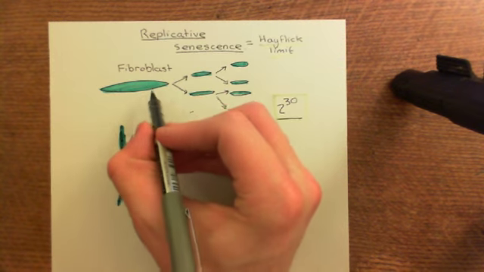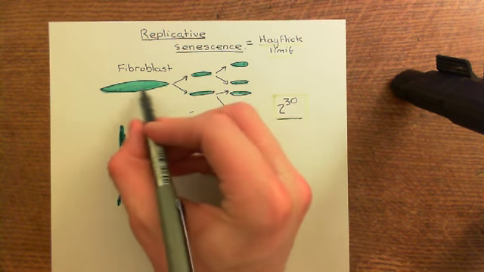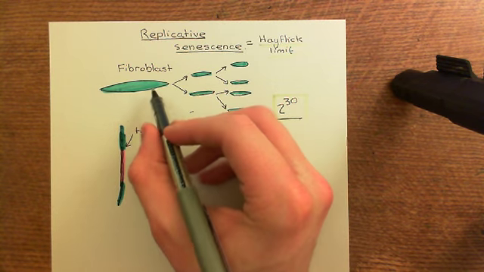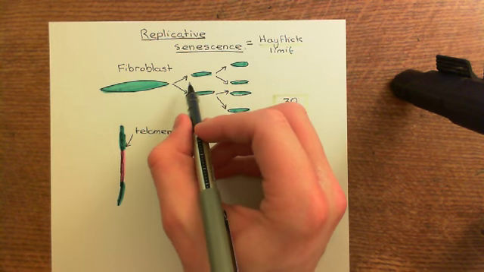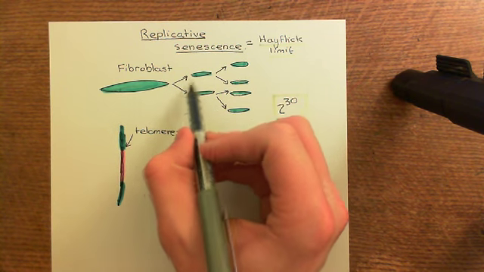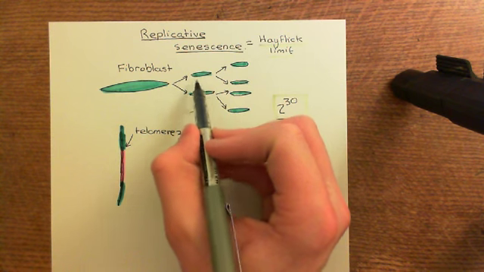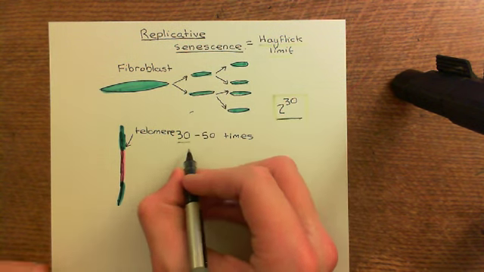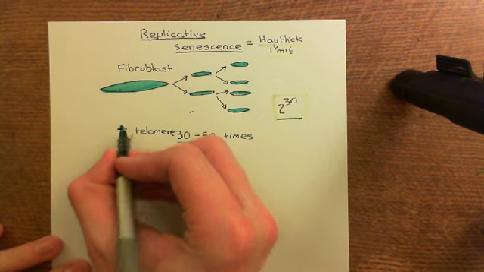So this is the case for this original fibroblast right at the beginning. Now, every time this fibroblast divides, the telomeres will get shorter. So this fibroblast is going to divide, and the 2 daughter cells will both have slightly shorter telomeres. A little bit will get chopped off.